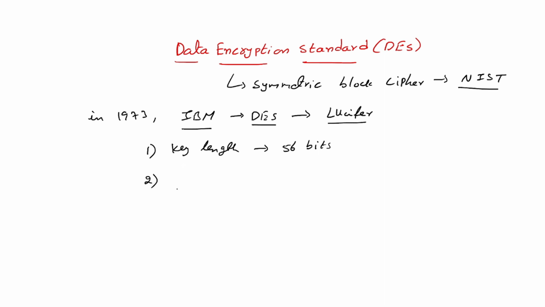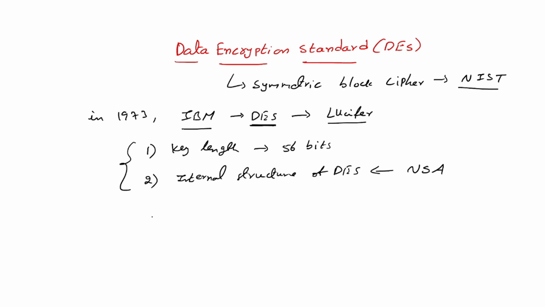And the second one, the internal structure of DES has a trapdoor for attacking. It was identified by the National Security Agency. So based on these two reasons, some criticism was made of DES.